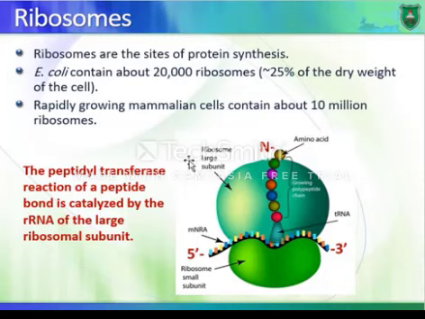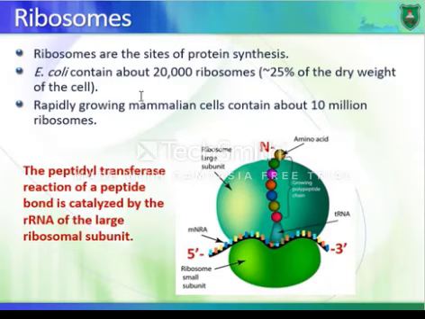Now, let us talk about the ribosomes. Ribosomes are the factories of protein synthesis, the sites for protein synthesis. In Escherichia coli, we have around 20,000 ribosomes, and they account for around 25% of the dry weight of the cell. It is a large quantity actually, as you can see.